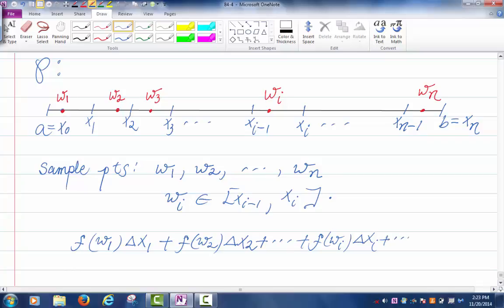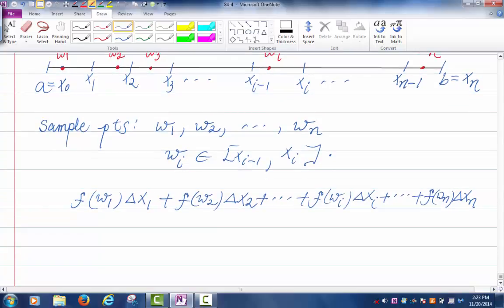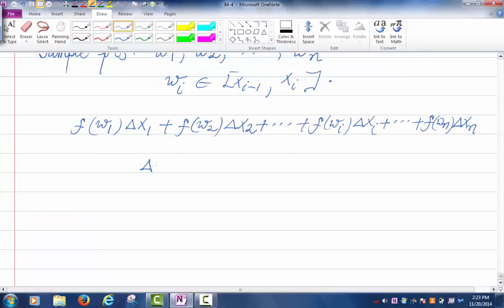I do the same for the last one, f of wn times delta xn. Here delta xi means the length of the ith subinterval, for all i from 1 up to n.